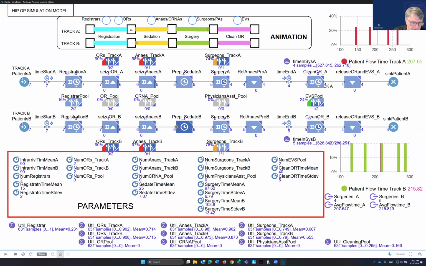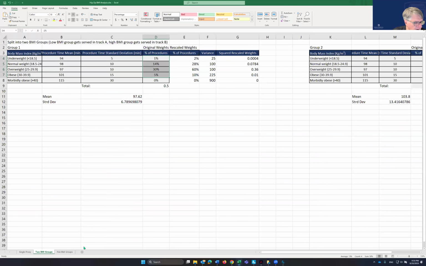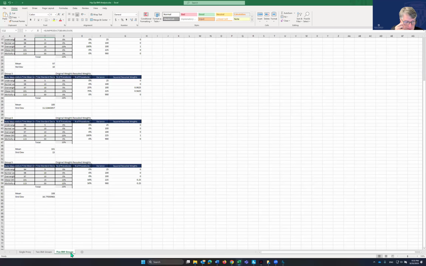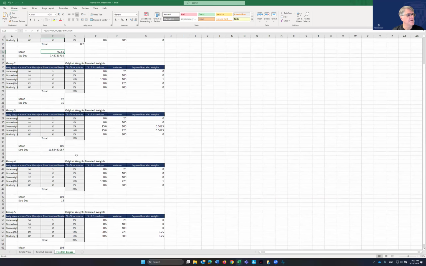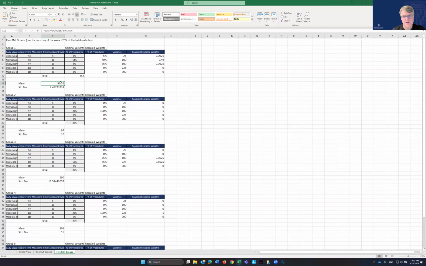I'm going to show you one more idea, and you certainly can try it. It's quite a bit of work, perhaps, to implement. I don't even think we can implement it directly in the simulation as is, but I had the idea of taking the very lightest BMI folks on Mondays. This would be their mean and standard deviation, so that would be all the underweight, all the normal weight, and some of the overweight, and then doing the next 20%.